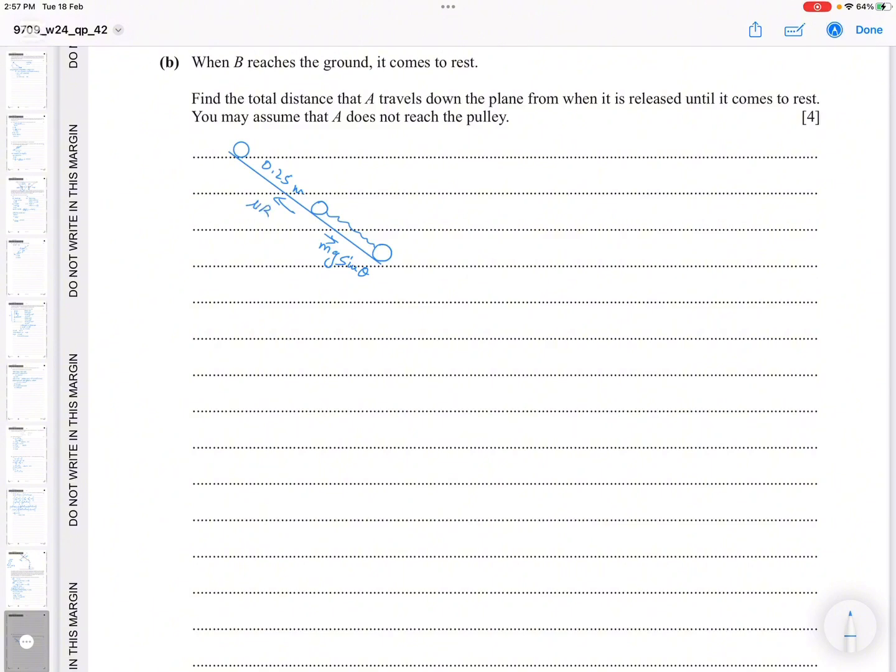No tension in the string when B reaches the ground. Now speed of A, v square equals u square plus 2as. So v square equals 0 square plus 2 into a is 4.8, and distance is 0.25. So velocity is 1.55 meters per second.